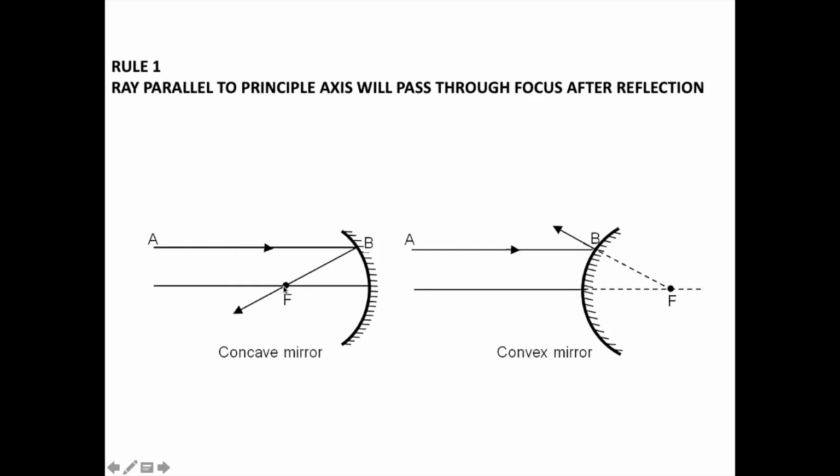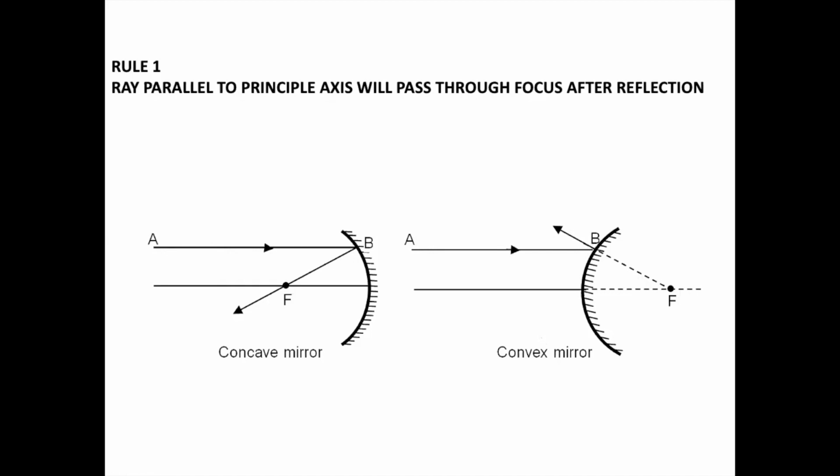In case of the convex mirror, it is a diverging mirror. So when the ray is parallel to the principal axis, it will diverge. But when you extend it, it is going to meet at the focus.